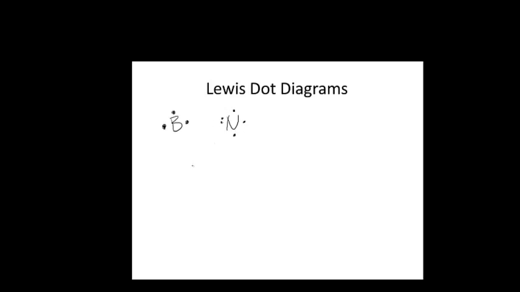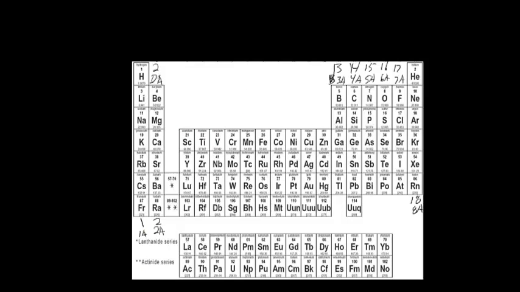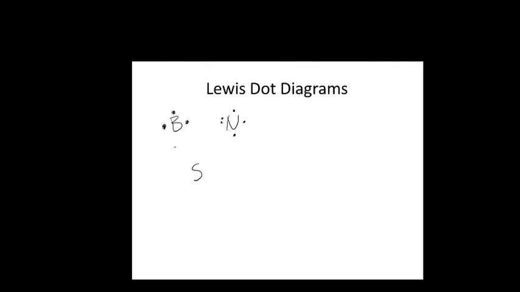Alright, let's try another one. Let's do sulfur. Sulfur's in column 16 or 6A, so it has 6 valence electrons. So 1, 2, 3, 4, 5, 6. Boom, 6 valence electrons. Alright, we'll look at the last one.